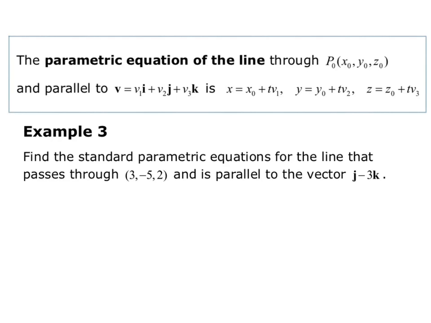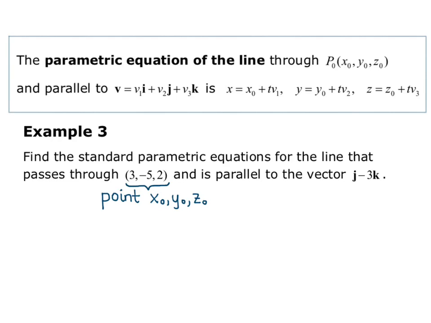So here's our example. We want to find the standard parametric equations for the line that passes through the point 3, negative 5, 2, and is parallel to the vector j minus 3k. So this point is x0, y0, z0.